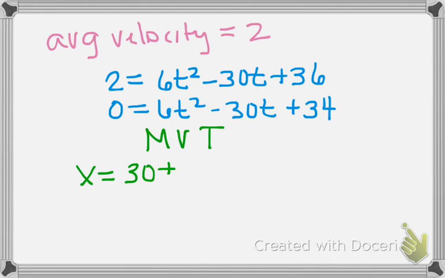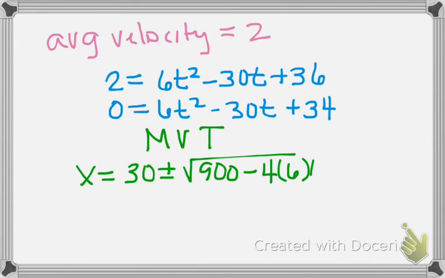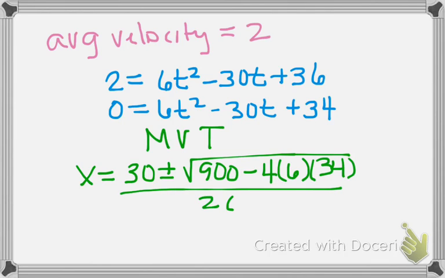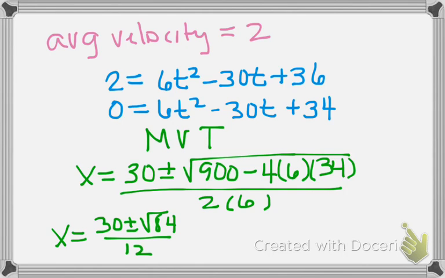So I get 30 plus or minus the square root of, double check my own squares, 900, b squared minus 4ac, all over 2a. This gets me 30 plus or minus the square root of 84 divided by 12.